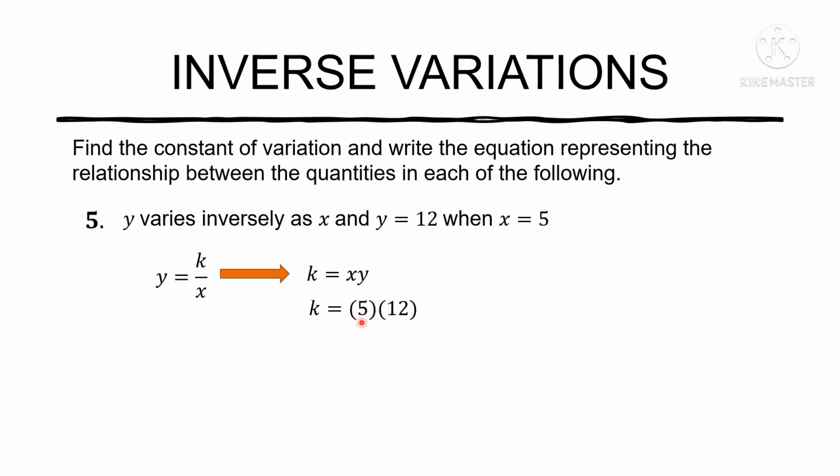So, ang x natin ay 5, yung y natin ay 12. 5 times 12, you have 60. And 60 is our constant of variation. And the equation of variation, we simply substitute 60 to k in our model equation. So, we have y equals 60 over x. And that is now our equation.